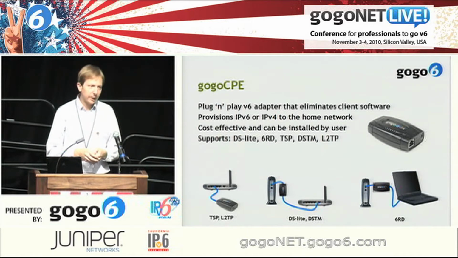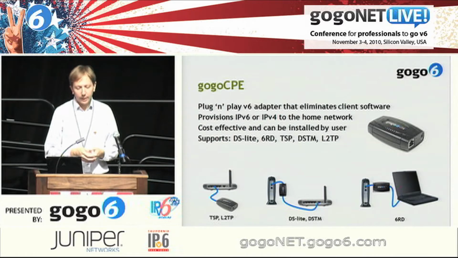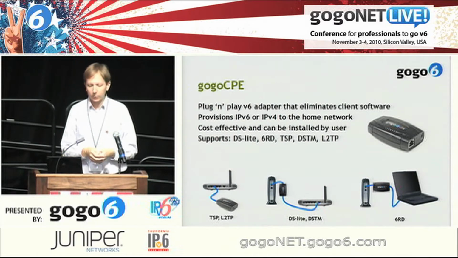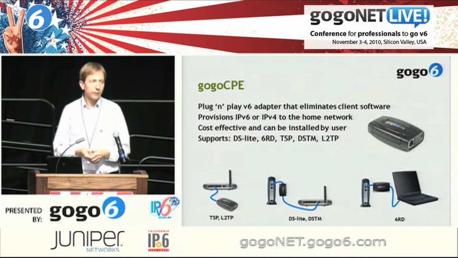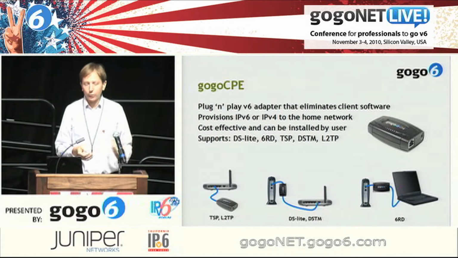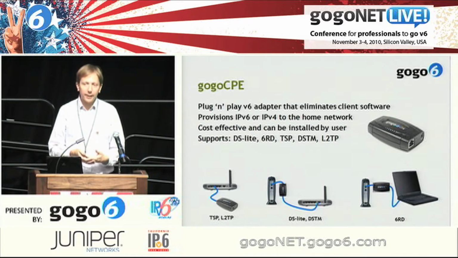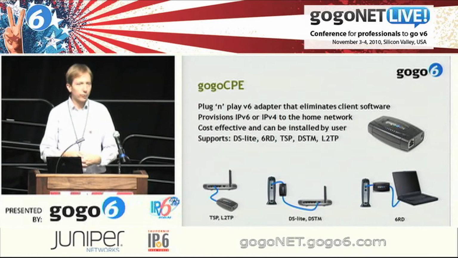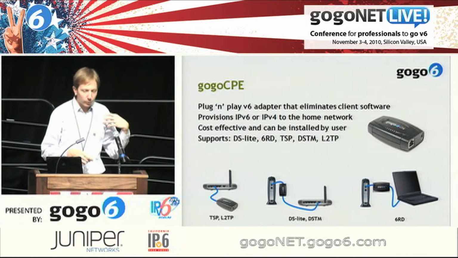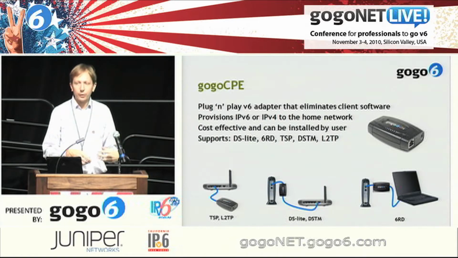It also comes in a DS Lite or dual stack Lite version, and DSTM, which is a managed version of DS Lite, which allows you to maintain IPv4 support in an IPv6 only network. So this is for the stage when you start rolling out new networks that are IPv6 only, but you need to maintain support for IPv4.